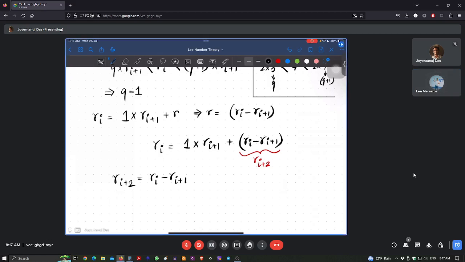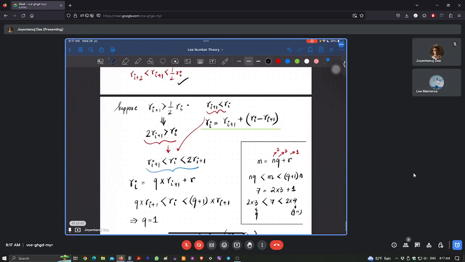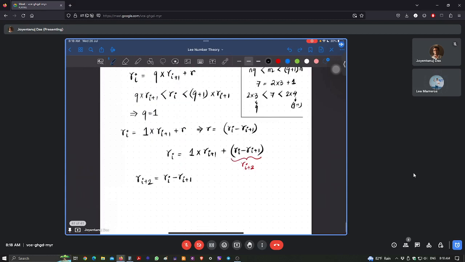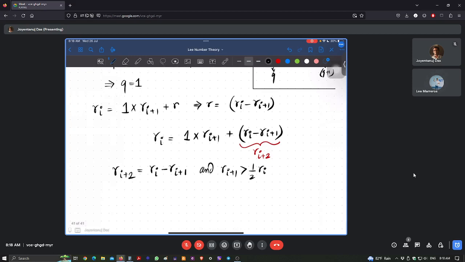Also, this is important actually: we are taking the case that Ri plus 1 is strictly greater than half of Ri. Now when I apply a negative sign, the inequality changes.